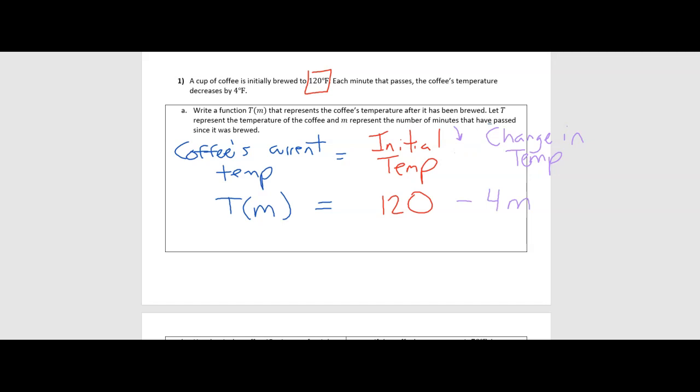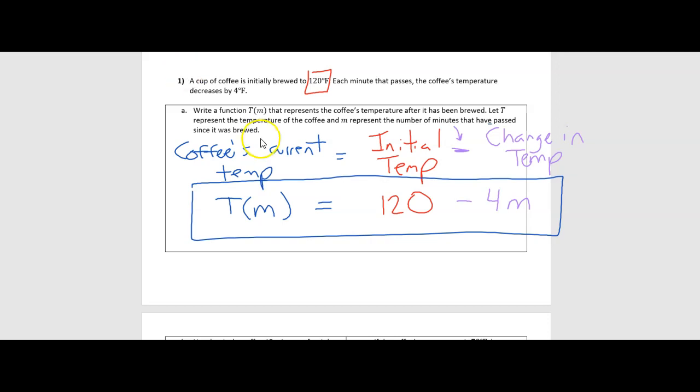And if you had put minus up here instead, that's fine, as long as you understand that what you're doing with the initial temperature, you're taking away, you're decreasing the initial temperature, because after it's been brewed, it is cooling off. It's not getting any hotter.